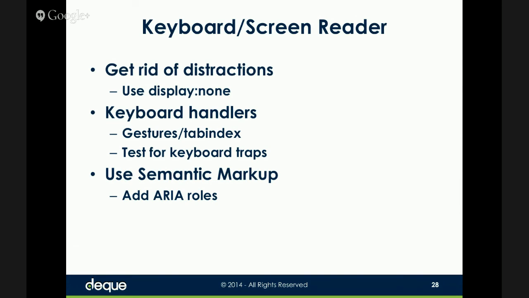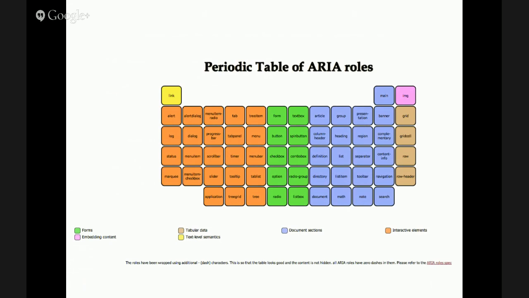And then use semantic markup. So use buttons where you have button interactions. Use links when you have link type interactions. And where there are semantic gaps in HTML5, use ARIA to fill those semantic gaps. So if you have something that's a menu or a tab, there are roles that you can apply to those which allow the screen reader to read out to the screen reader user what the appropriate interface element is that the user is interacting with.